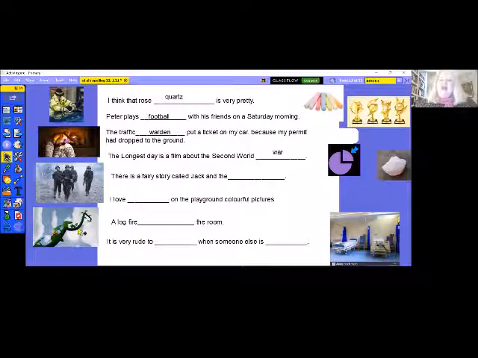Go on, have a go. There it is, Beanstalk. Either write it, say it, or try and spell it out loud. Bean is also tricky because is it a double E or an E-A-N? So Beanstalk. I love the something on the playground, colourful pictures. I love chalking. Have a go at spelling that.